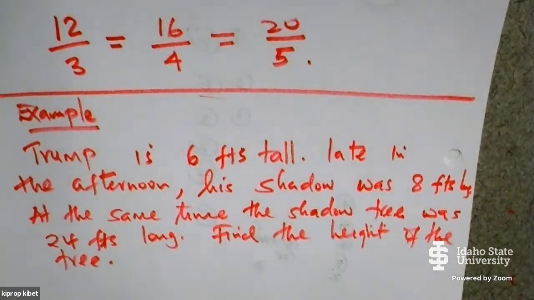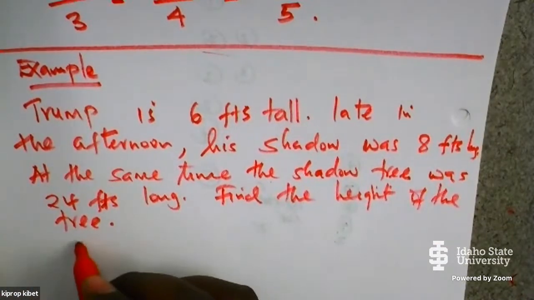So this guy is 6 feet. Let's say in the afternoon, his shadow was 8 feet. At the same time, the shadow of the tree was 24 feet long. Find the height of the tree. Okay, so we use a proportion of what? The angles.